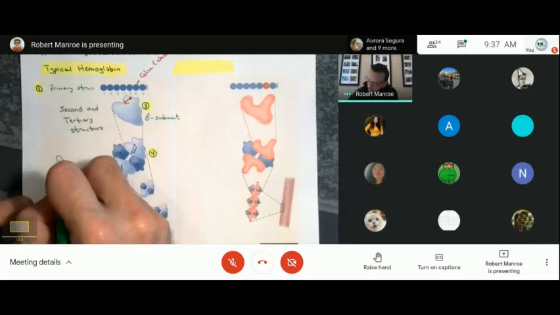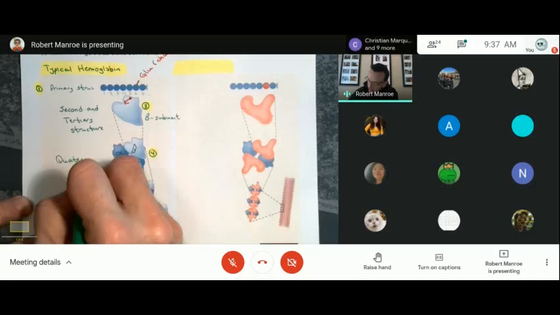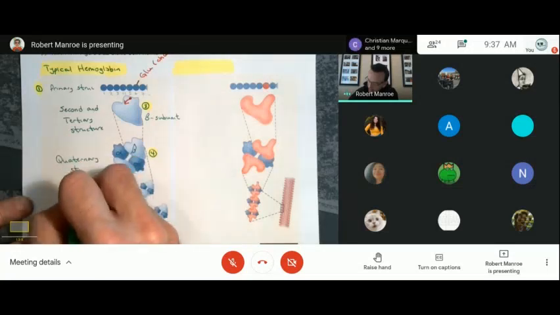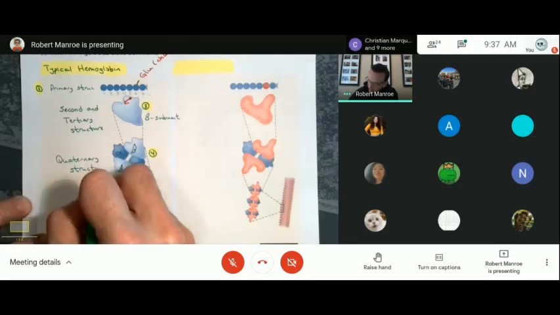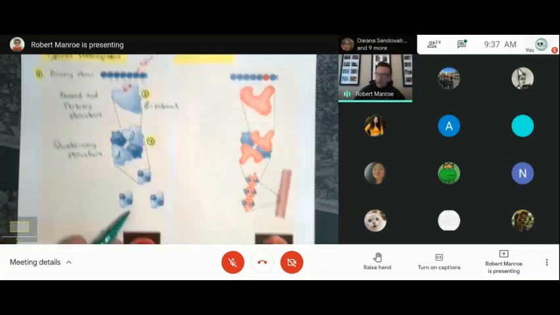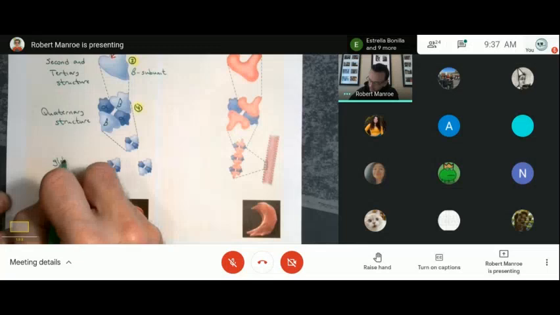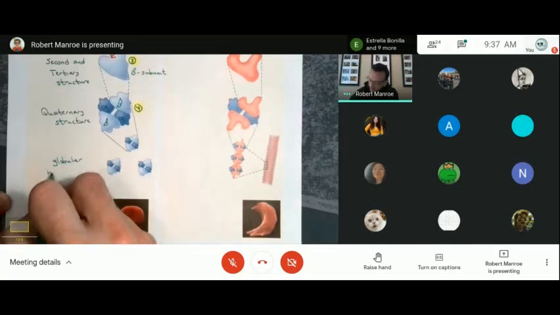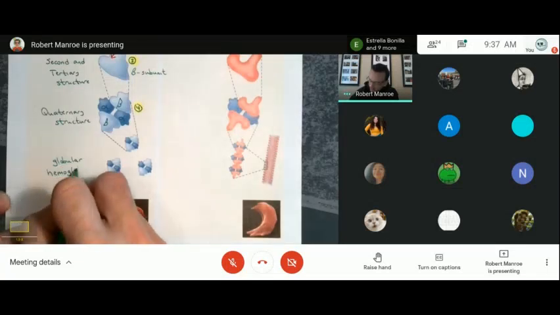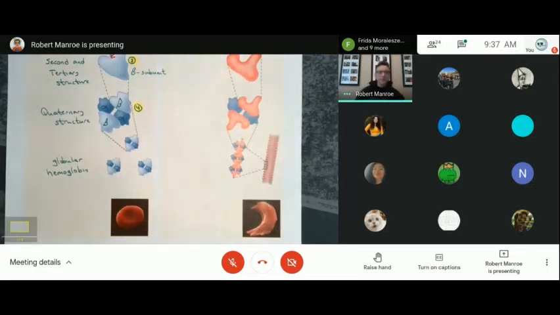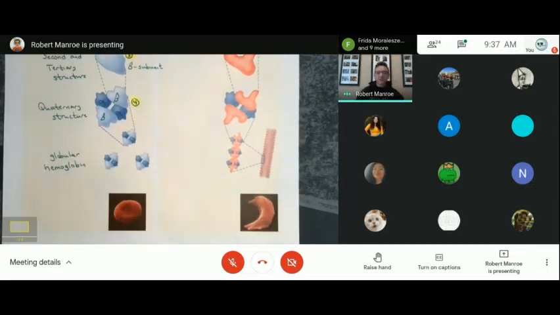This is your quaternary structure. And here is your globular hemoglobin. This is what you and I have. Nice globular structure, okay?